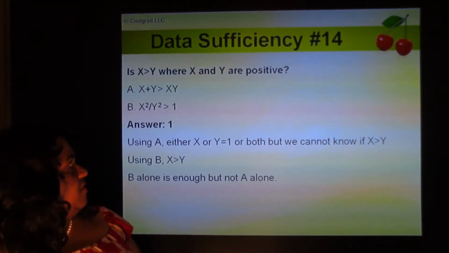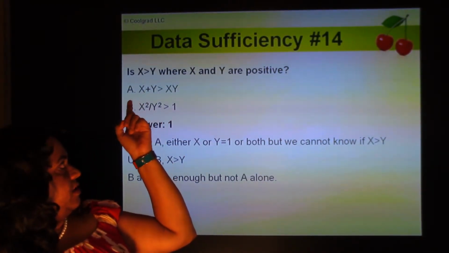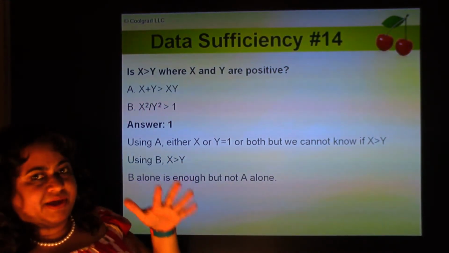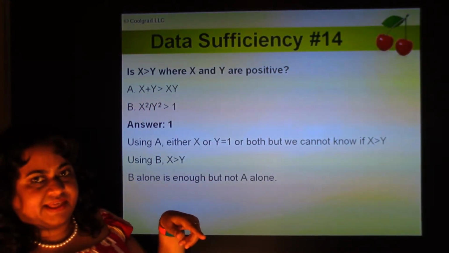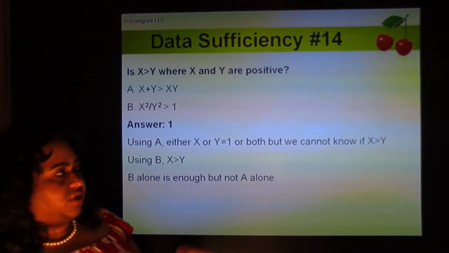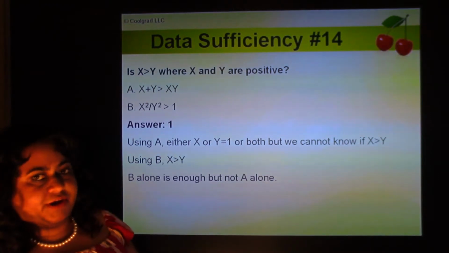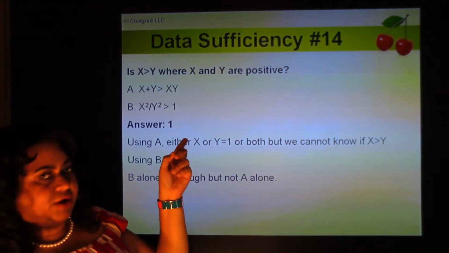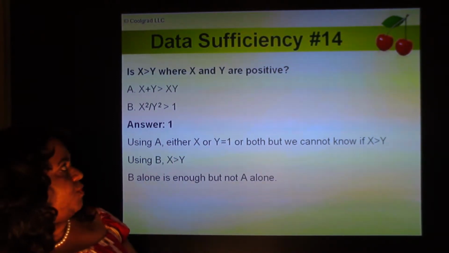So even if you have, say, x and y as 10 and 9, 10 plus 9 can in no way be greater than 10 times 9, which is 90, right? It will always be less than the product. So if you have to have the sum greater than the product, you have to have one of these numbers as a 1. Let's say, for example, let's take the number to be y.